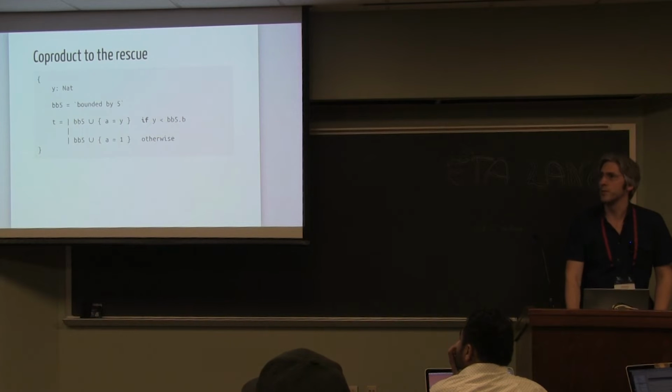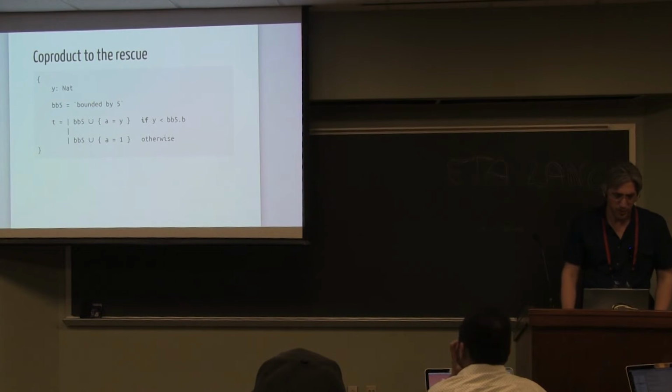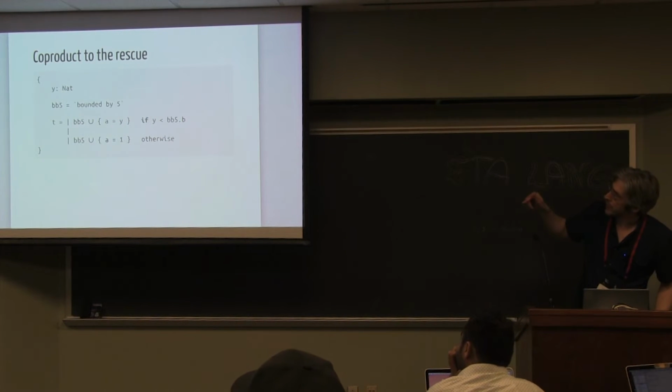This is one of the reasons why the co-product being in the meta theory as first class, the same as product, gives us leverage to allow the blowing up of branches. So in this case, we have two branches. We do the smaller than of y is smaller than the b on. So now we are using dot for accessing one of the members.